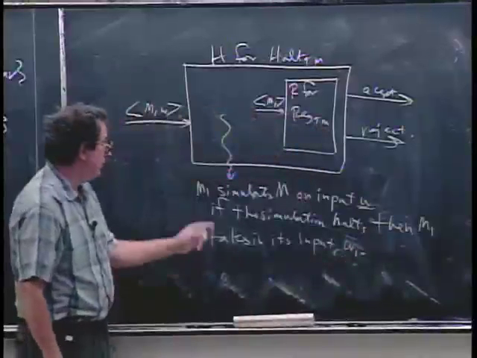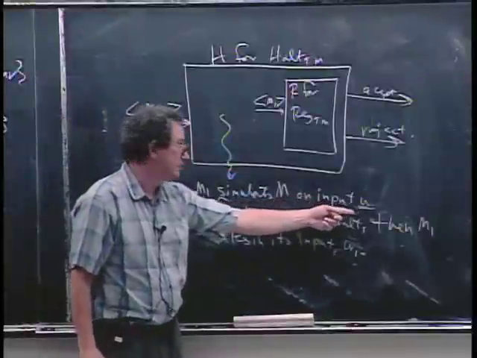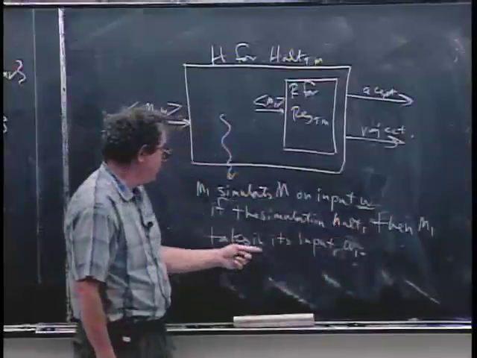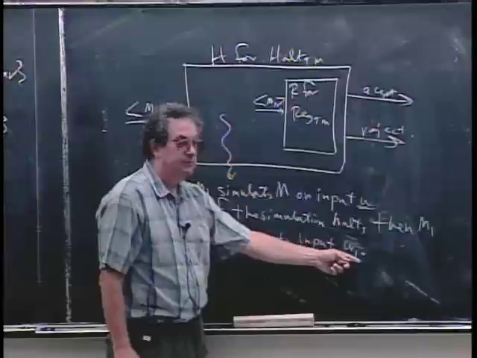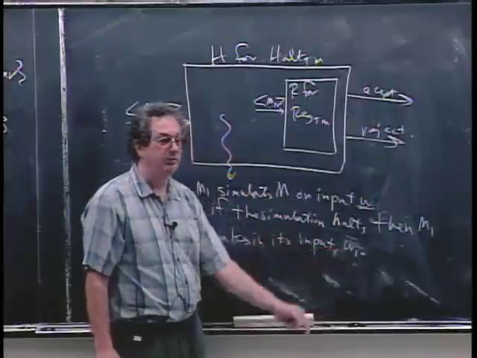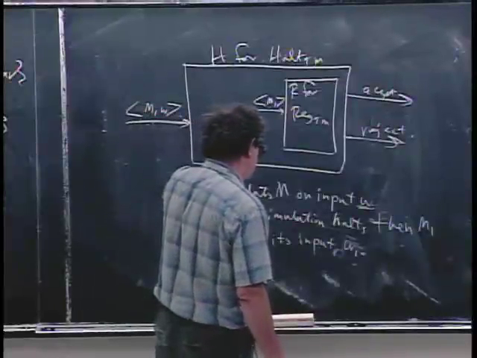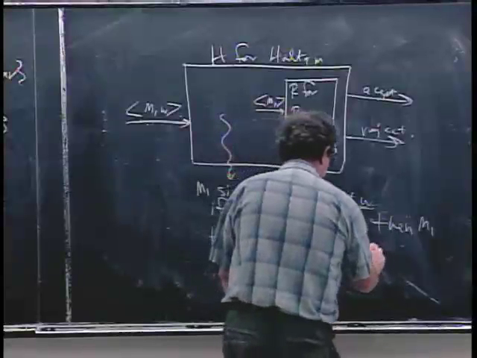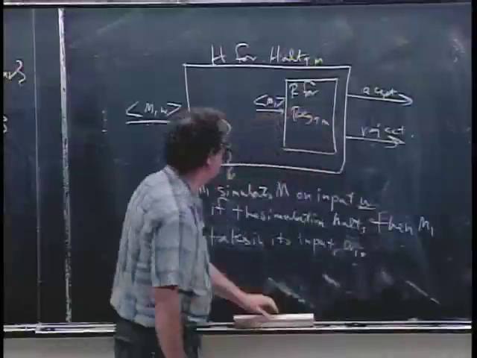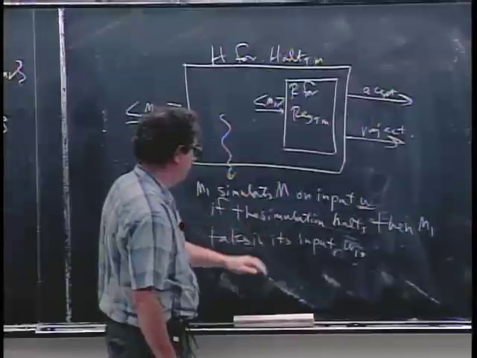Okay? So after M1 simulates M on W, if it halts, then M1 takes in its input W1. Okay? Well, what's W1 going to be? M1 takes in its input W1.